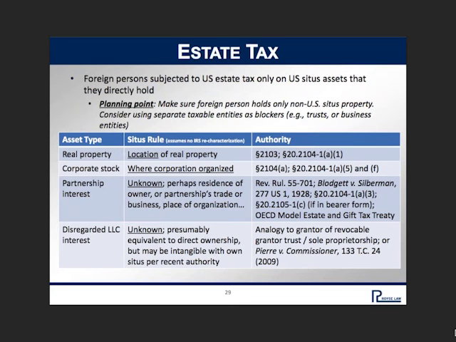I'm a citizen and resident of China. I die. I leave that bank account to my children who happen to be going to school at San Jose State. And guess what? No estate tax, because that bank depository account is considered not located in the U.S. for estate tax purposes, only upon my death. If I try to give it away during my lifetime, there's going to be a big gift tax. So it's very, very confusing.